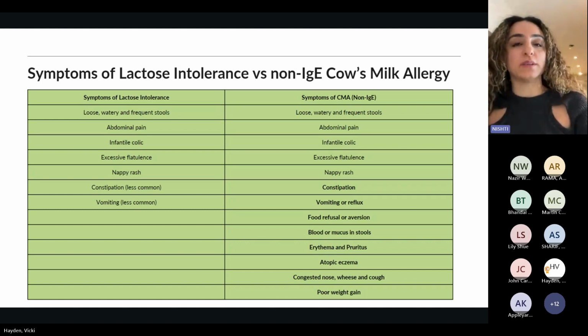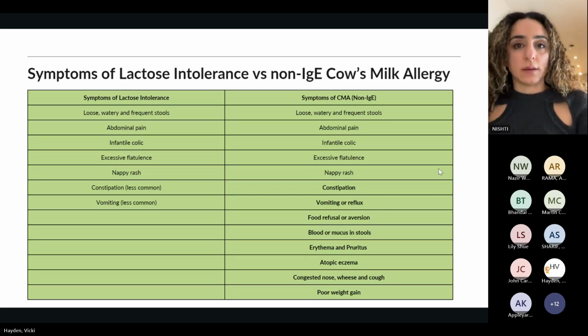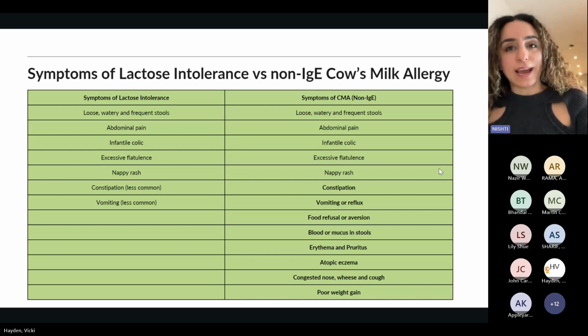Constipation and vomiting, though, is very rare in children with lactose intolerance. And when I'm talking about lactose intolerance, I'm referring back to secondary lactose intolerance, because lactase non-persistence or primary lactose intolerance is very, very rare in children. I think in 15 years, I've only seen one child with that condition.